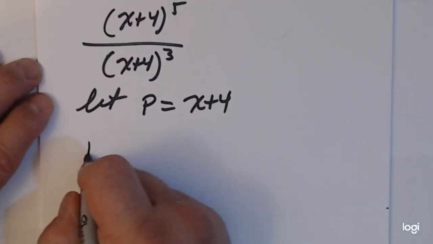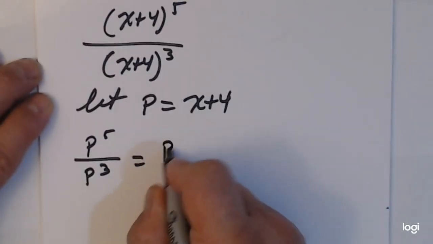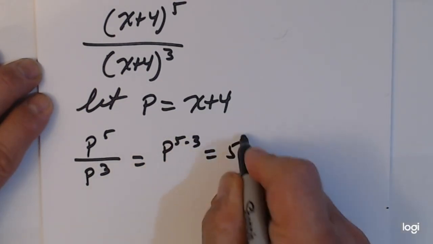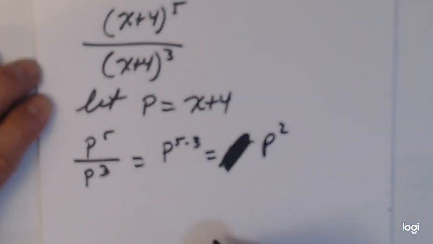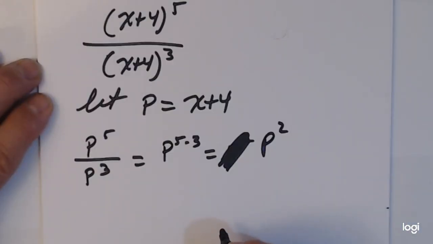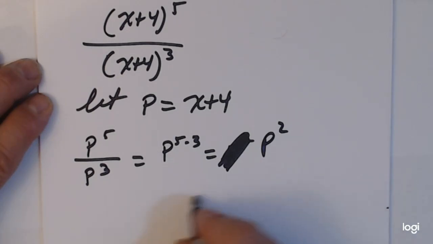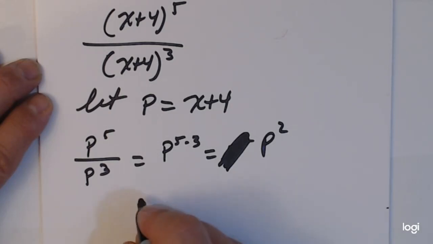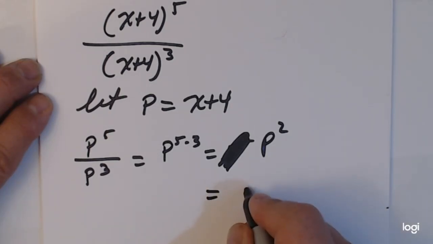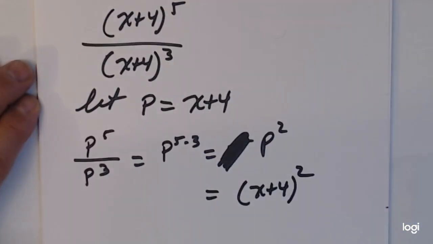So we wind up with P to the 5th over P cubed, which is P to the 5 minus 3, which is P squared. Okay. So now we back substitute, right? We back substitute x plus 4 for P, and we wind up with x plus 4 squared. So there's another way that we could have done that problem.